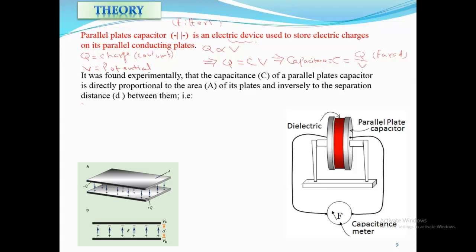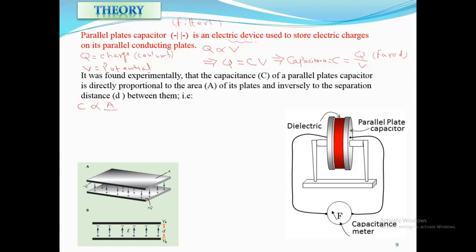So the capacitance C is directly proportional to the area. If you replace the plate of a parallel plate capacitor with a greater, larger area, you will be able to store more charges.